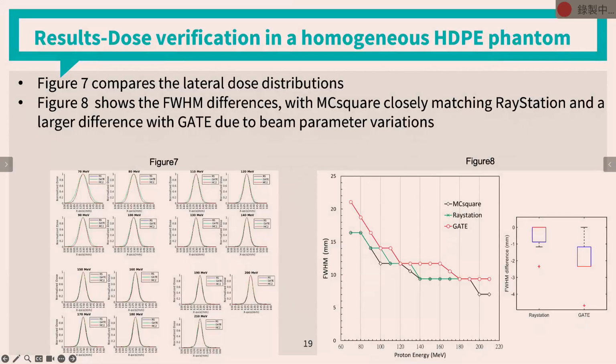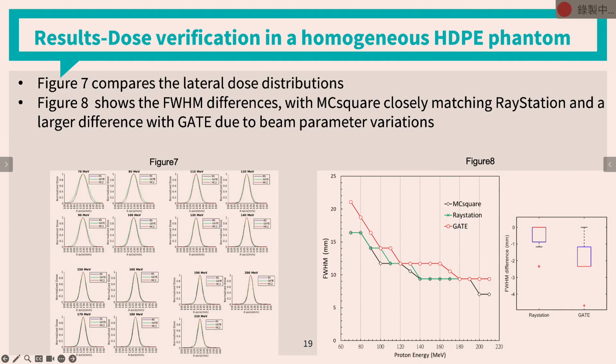Figure 7. Figure 7 shows the lateral dose distribution from the low energy 70 MeV to 210 MeV, compared with the GATE Monte Carlo simulation and RayStation. RayStation is clinical use software, so we want to compare the Monte Carlo simulation and the clinical software to see whether the lateral dose distribution is the same or not.